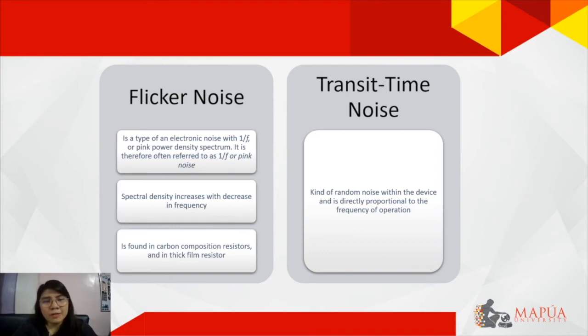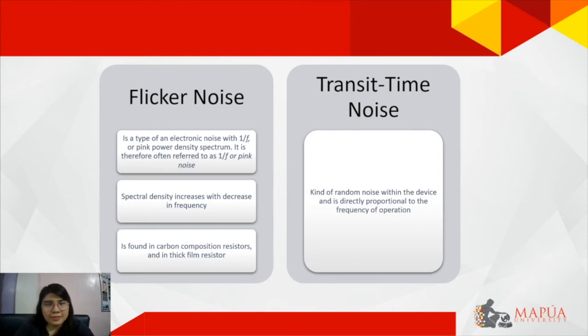In carbon and thick film resistors, flicker noise is called excess noise because it is higher in amplitude than thermal noise. It can be reduced by using wire wound resistors. Another way to mitigate it is to minimize the DC component. It occurs in almost all electronic devices, and it has a variety of different causes, although these are usually related to the flow of direct current.